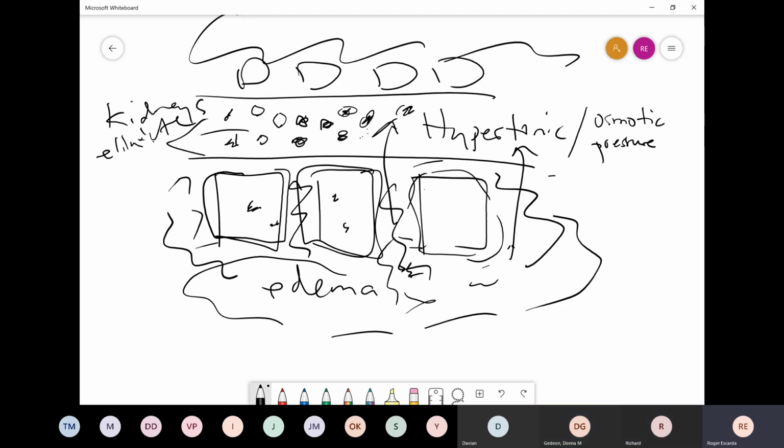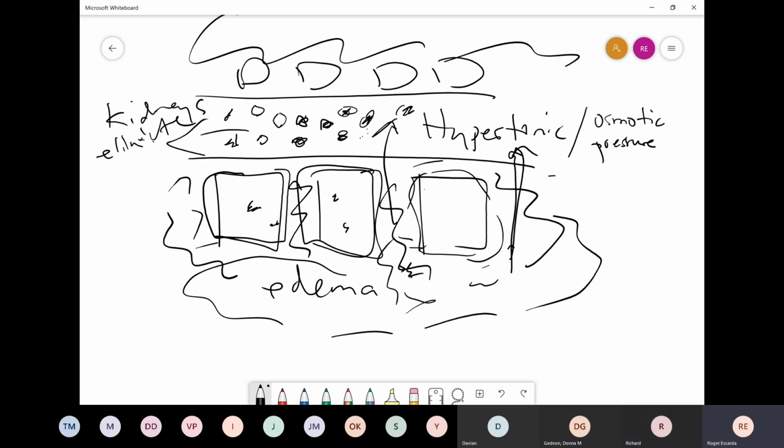In a tug of war, it's always the side that has more people that will win, correct? And in that tug of war, we are pulling water. So water will always go to a compartment that has more solutes, because that's what the law of osmosis says.